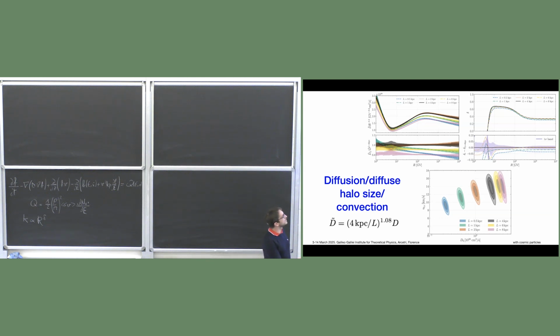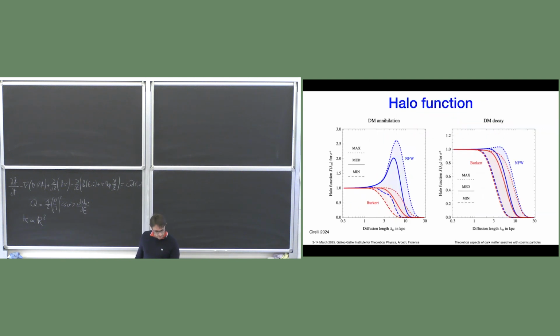And what is very interesting is that this change of slope is quite smooth, okay? So it's not a broken power law, but a smoothed broken power law. And the smoothing is quite pronounced. Okay, so you can fit your propagation to protons, so basically primary and secondary cosmic rays.